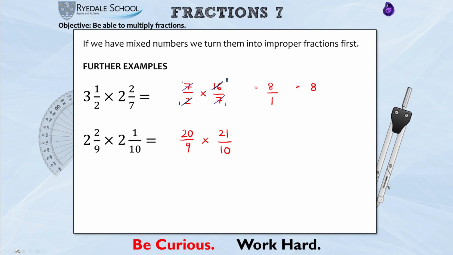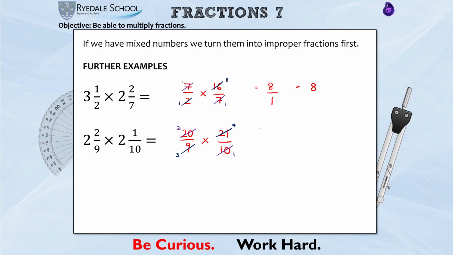So I hope you can see some cancelling here. Both of those in the 10 times table, so I'll divide both of those by 10. You might have also spotted that 21 and 9 are both in the 3 times table. So that is 7 3s and that is 3 3s.